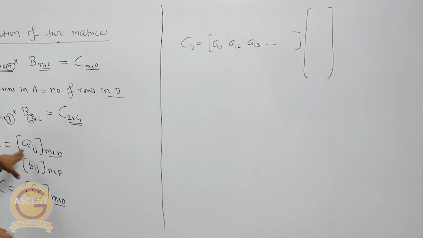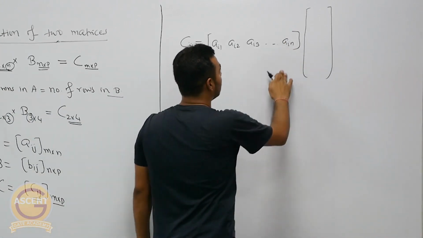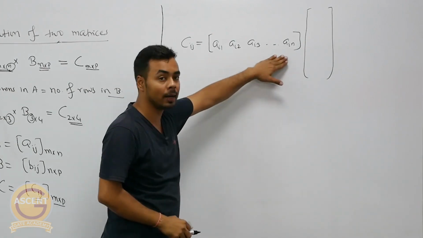The order of this matrix is M into N, so the total number of columns will be N, and here I will get AiN. So this will be the ith row of matrix A.